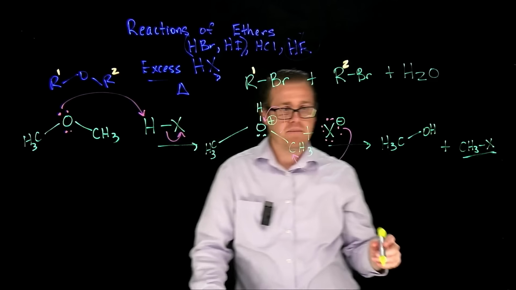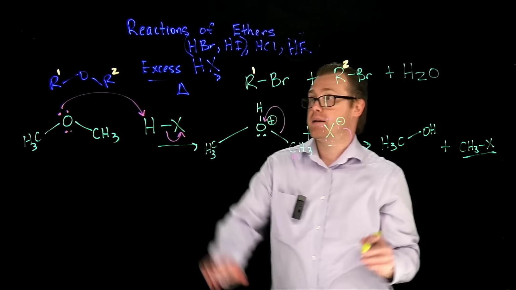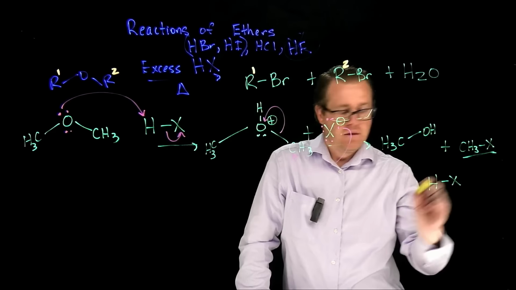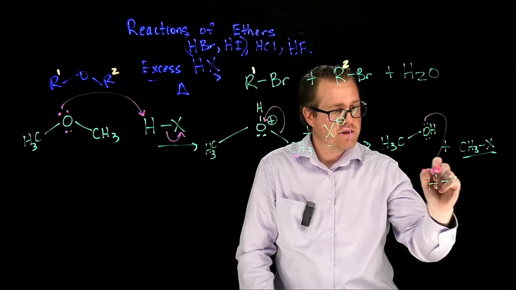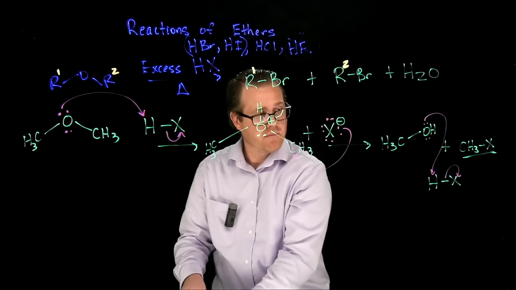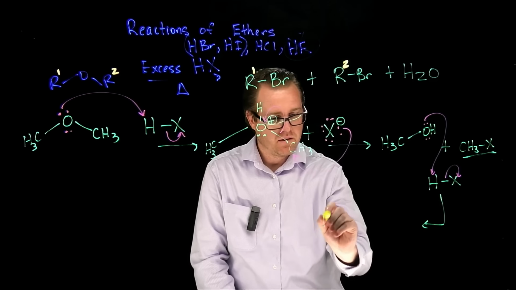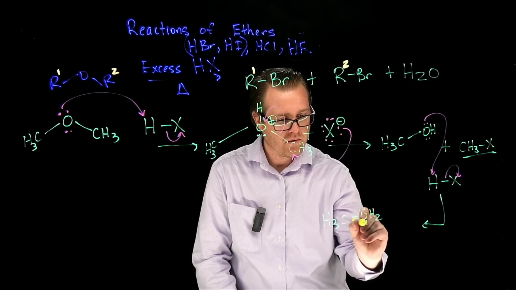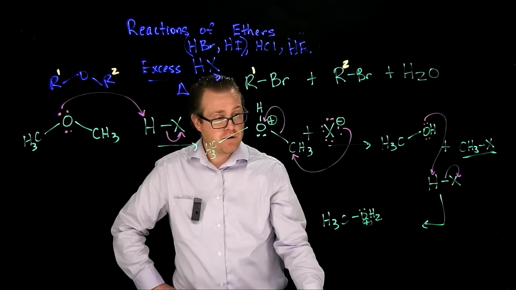So what do you think the next step is? There's going to still be acid present, because we said there's excess acid. So we're going to do another protonation step. So we'll go like that. Now we have another good leaving group.